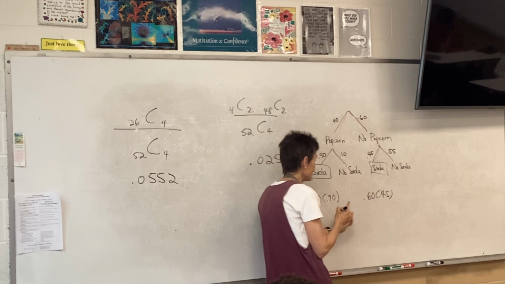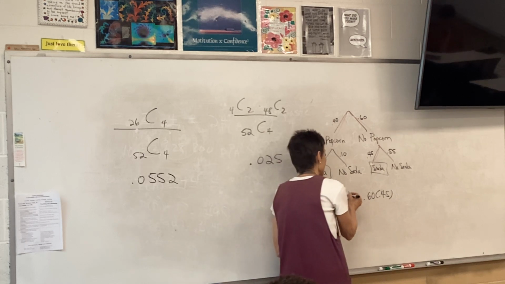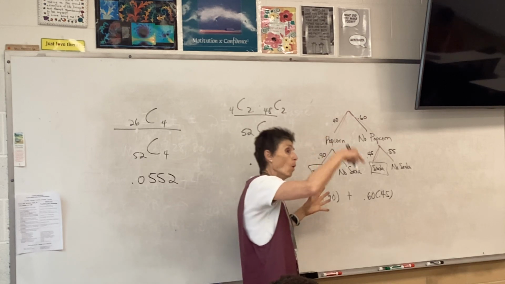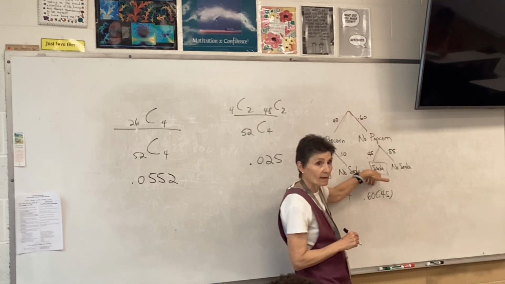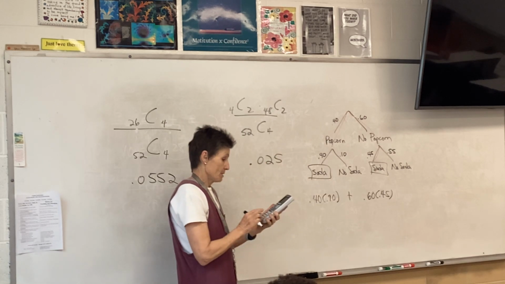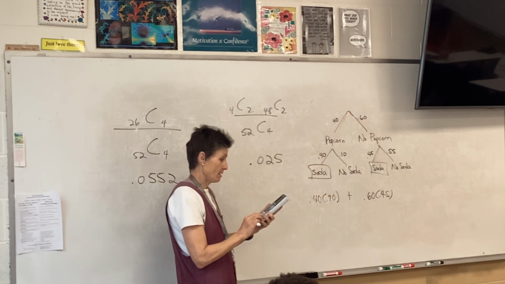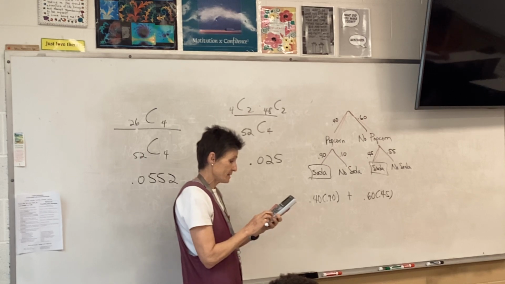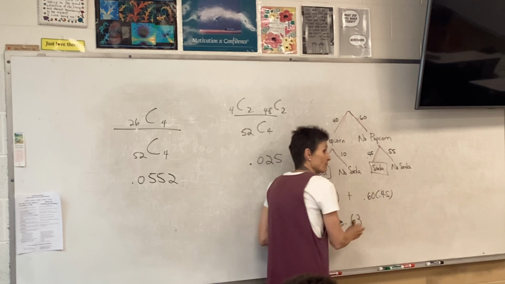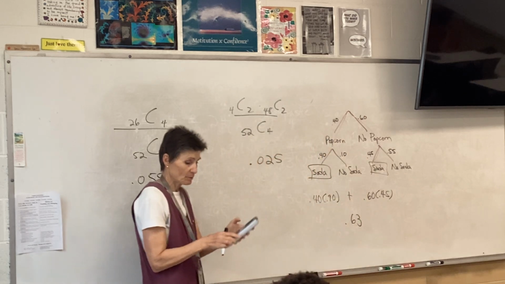And then what do we do with these two answers? Add them, because we're either going to serve soda this way or we're going to serve soda that way. So 0.4 times 0.9 plus 0.6 times 0.45. I got 0.63. What you got?